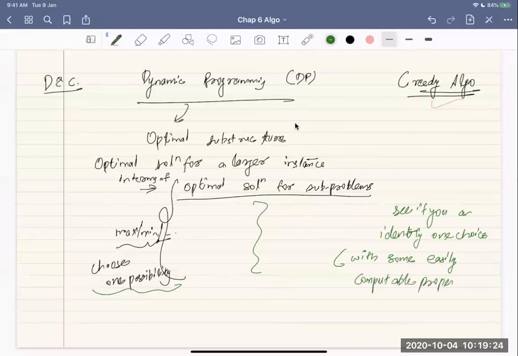So you need to identify one choice, and that is guaranteed to be in at least one optimal solution.